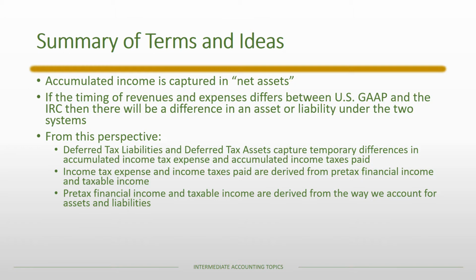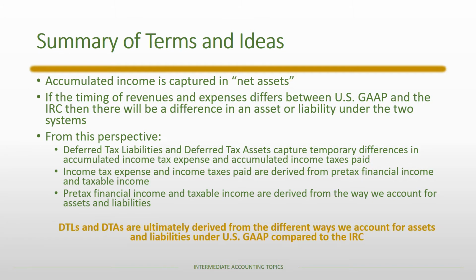And so as we bring all that together, if you connect those three bullets, the conclusion is that deferred tax liabilities and deferred tax assets are ultimately derived from the different ways we account for assets and liabilities under US GAAP when we compare that to the Internal Revenue Code.